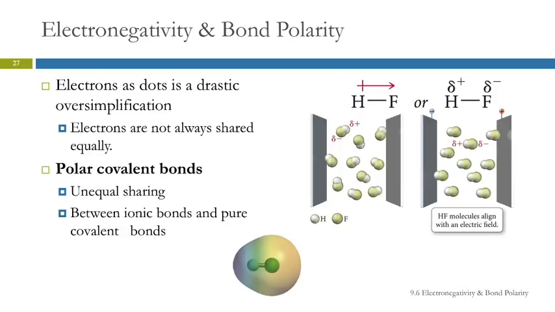So my favorite analogy for this unequal sharing business is, again, the electrons are like little boys, and the nuclei are like the homes or the families, the moms. So hydrogen and fluorine each have an electron. They go out and play together. Whose house are they going to spend more time at?